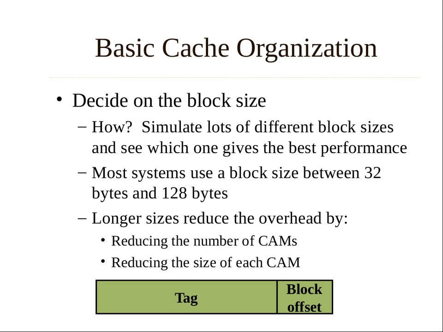So you want to increase the block offset as much as you can, but if you go past a certain amount, then you have to do many transfers from main memory, and then it slows the whole thing down. So there's kind of an upper limit to it, and also you might be pulling in too much data and pushing other data out as well with your block. Find the happy medium. Yeah, and how do we find the happy medium? Testing. Simulation. Let's use the word simulate, because testing means something completely different. We simulate it and find out.